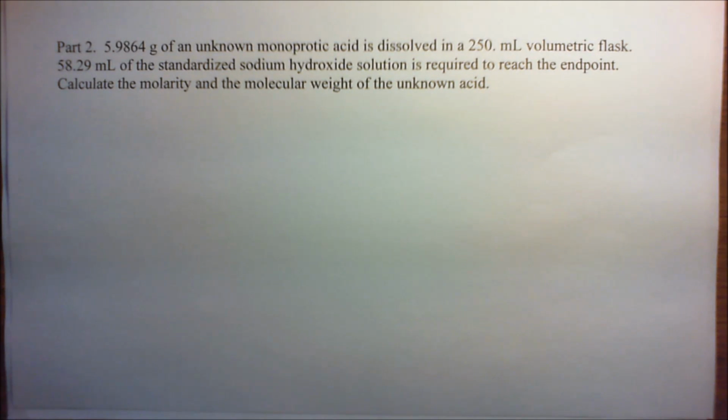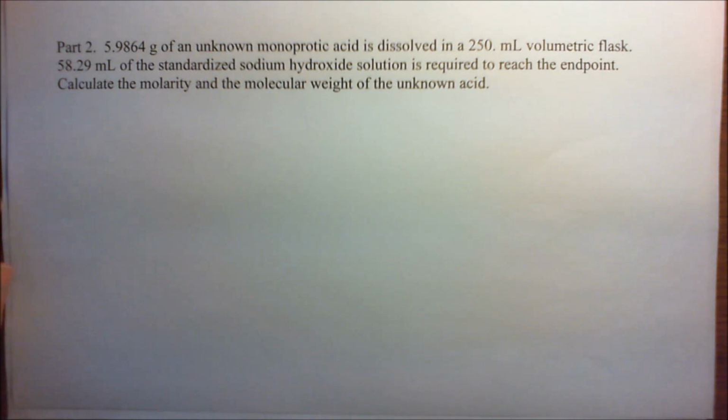In part 2, we're going to take our newly standardized sodium hydroxide solution, and we're going to use that to titrate an unknown monoprotic acid. Now it's important that we know that it's a monoprotic acid, because that enables us to use a 1-to-1 mole ratio between the standardized sodium hydroxide, which produces 1 OH per mole, and the unknown monoprotic acid, which produces 1 H plus per mole.